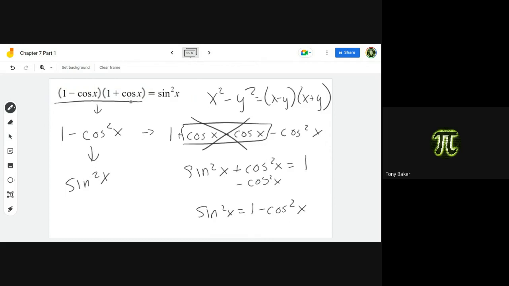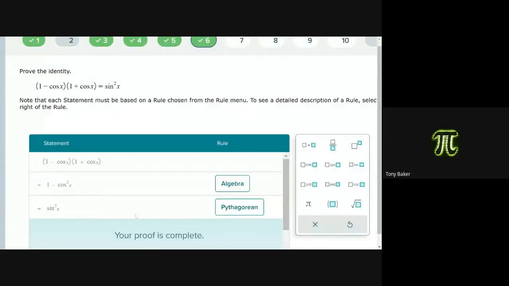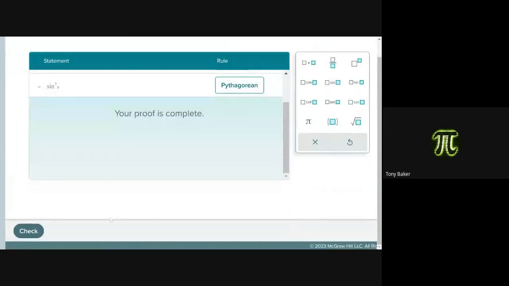Yeah, you were thinking it's cosecant, not cosine. So type those in, hit validate, proof is complete, hit check.